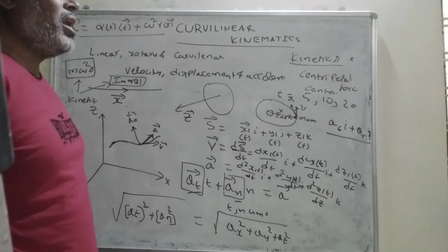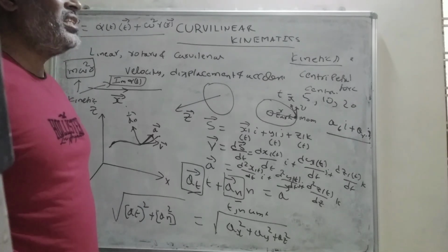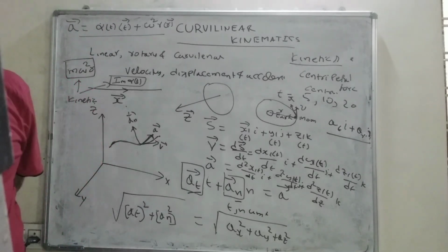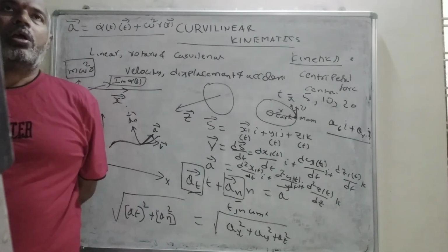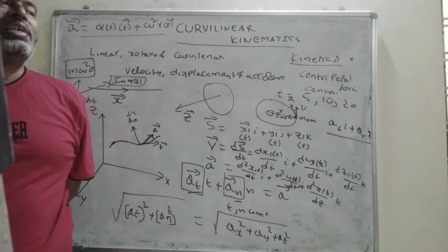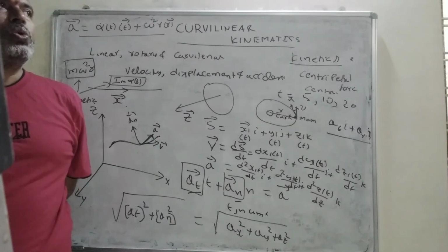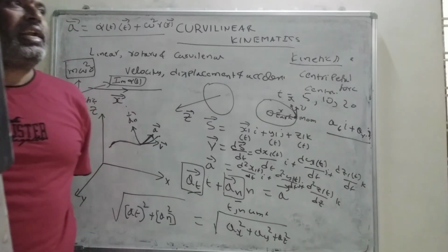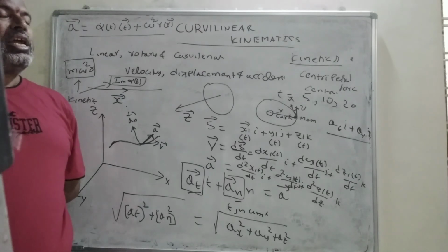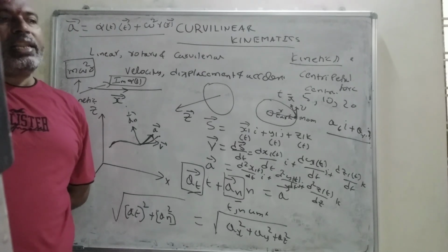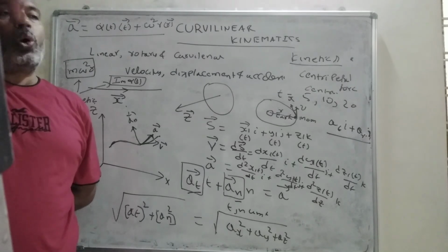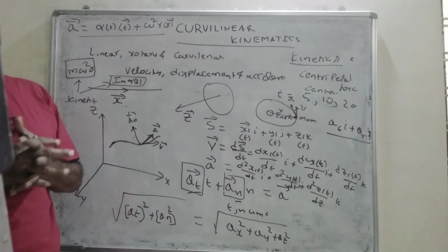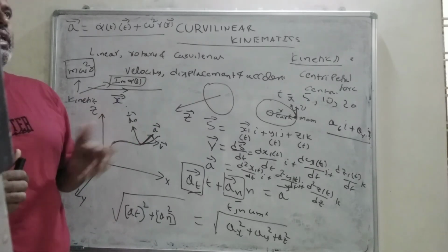For example, in 5 hours of time, how much distance the satellite will cover. That is a definition of the problem. And what is the speed required to move the satellite so that it is exactly seeing a particular region throughout the orbit. So the satellite problems will always come under curvilinear kinematics.